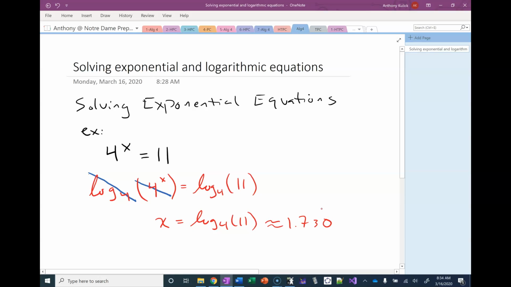And whenever we're dealing with solving logarithmic or exponential equations, if you round to 3 decimal places when you're getting an irrational number answer like that, that will be fine.